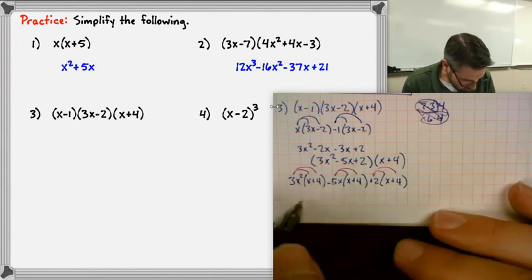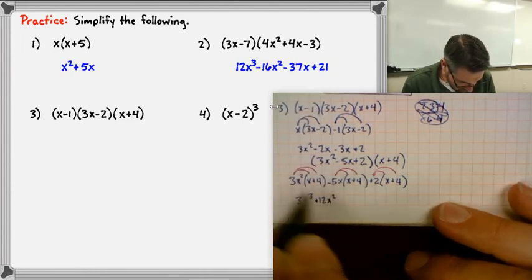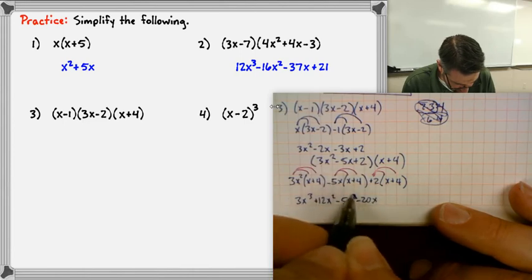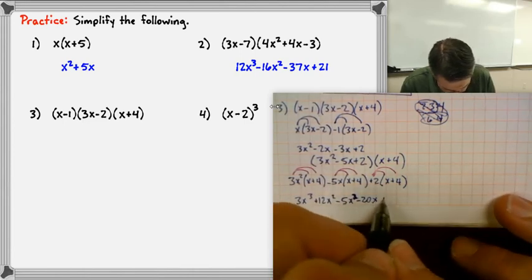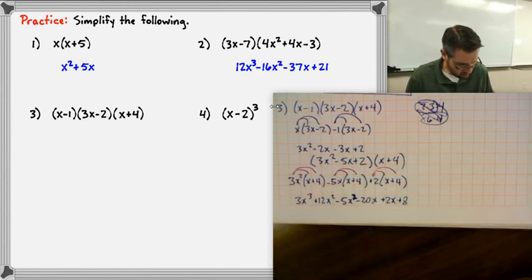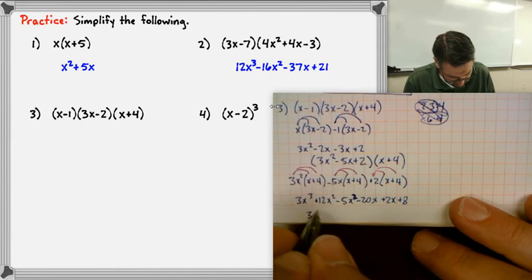And so we end up with 3x cubed plus 12x squared, that's the first one, and then minus 5x squared minus 20x, that's the second one, and then plus 2x plus 8, and that's the last one. From here, we're going to combine like terms. The 3x cubed is all by himself.